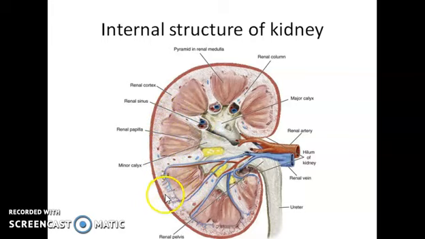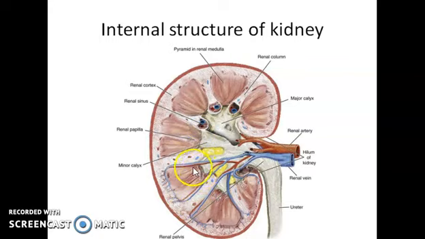The medulla contains the renal pyramids which are striated in appearance. We can see the striations of this, and the apex goes and drains into the minor calyces. From minor calyces the urine goes into the major calyx, and from the major calyx to the pelvis, and from there into the ureter.